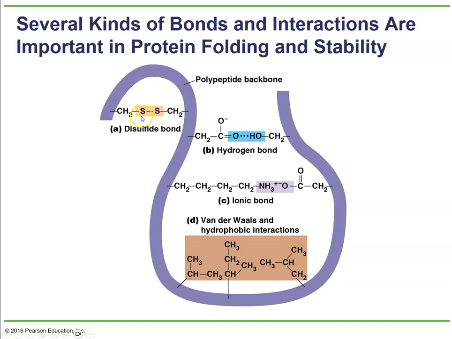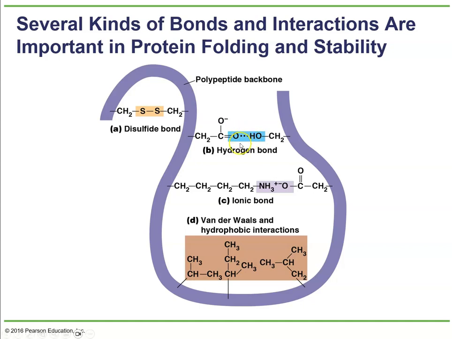If it was a sulfur, for example, attached to a hydrogen, we could also consider that a weaker hydrogen bond, but usually it's oxygen or nitrogen where the hydrogen is interacting with something else. So it's only a hydrogen bond if that hydrogen is attached to a more electronegative element. And here is a hydrogen bond. It's one of the stronger types of intermolecular forces.